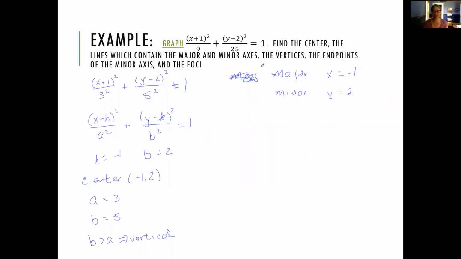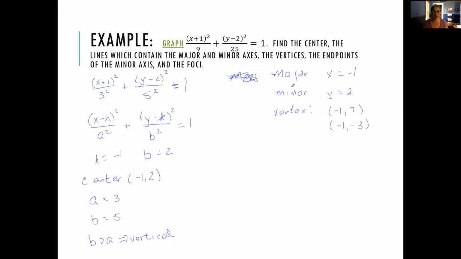So my vertices are on the major axis, and they are b units above and below the center. So I have a vertex at -1, 7, and a vertex at -1, -3.